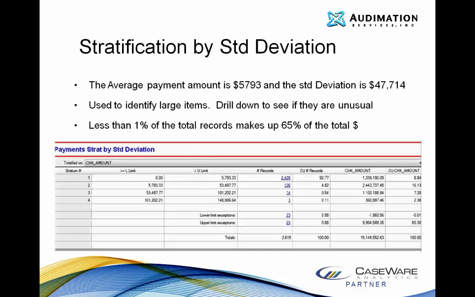So I set up a stratification, and depending on where it falls, the mean generally is going to be the first part of my strata, and I use the increment as the standard deviation. So you can see that this was stratified using that standard deviation amount.